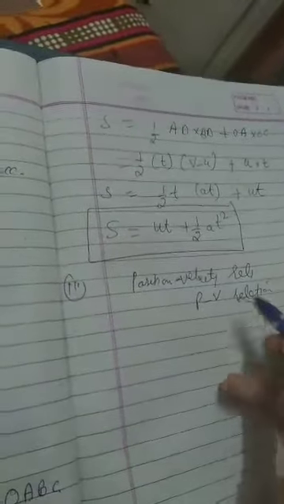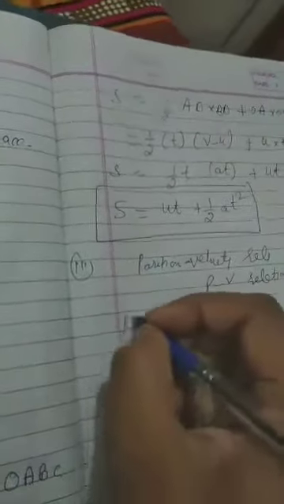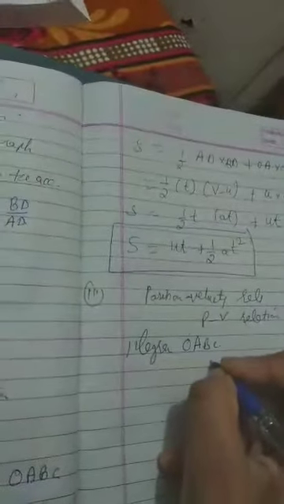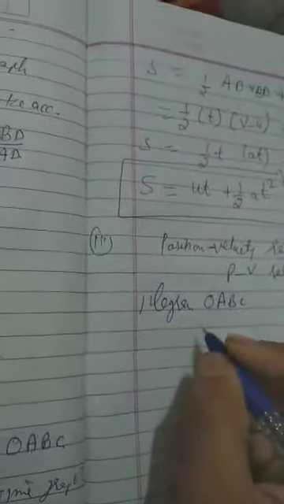Similarly we will take the same parallelogram OABC. The area under the parallelogram or trapezium, we already know that the area under the velocity time graph gives the displacement.